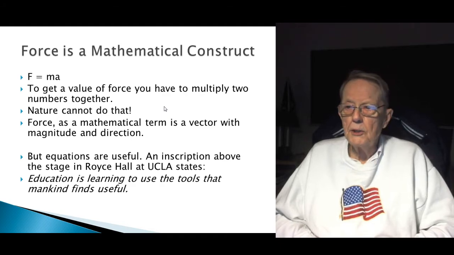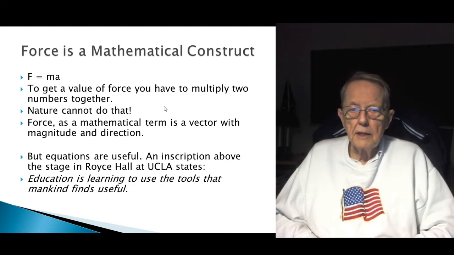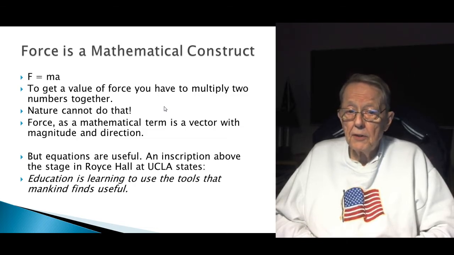It might know its speed or acceleration, but it doesn't. And even if it did know its mass and acceleration, it doesn't know how to multiply. Nature doesn't know anything about force. Force ends up being a mathematical term as a vector with magnitude and direction.